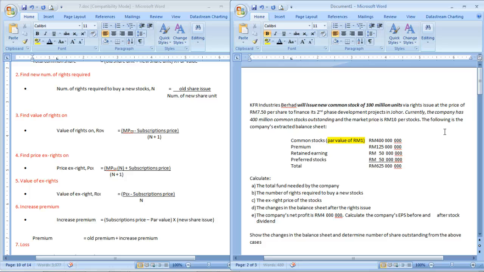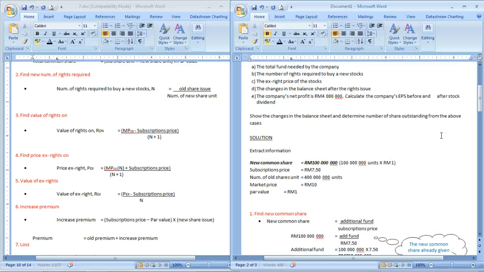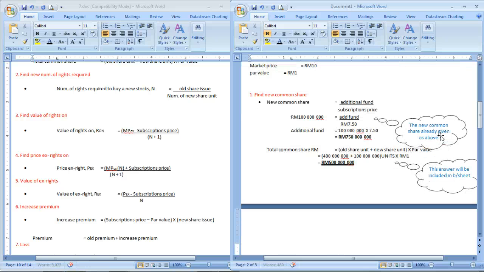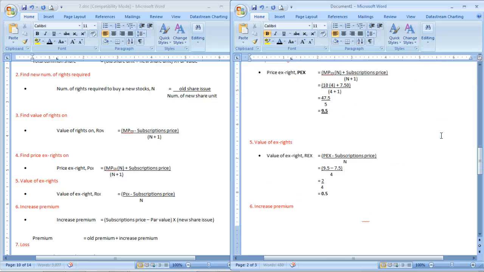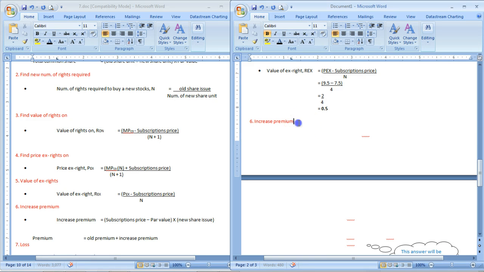When you calculate the stock dividend, common stock premium and retained earnings will increase, but the total is maintained. For stock split, all the amounts are maintained, but the par value decreases. But for stock right, you will realize there is also an increase in premium. So what is the formula?